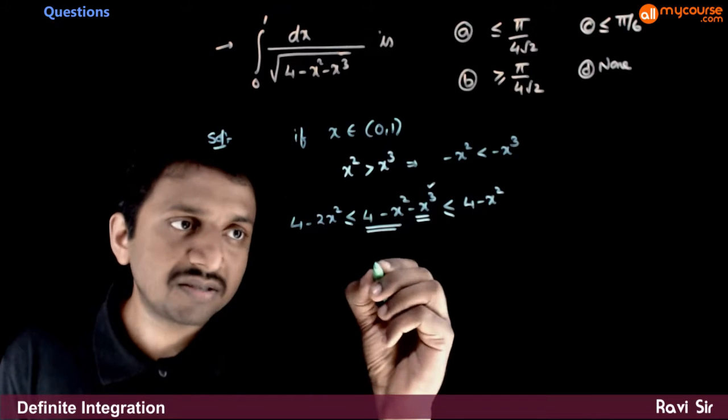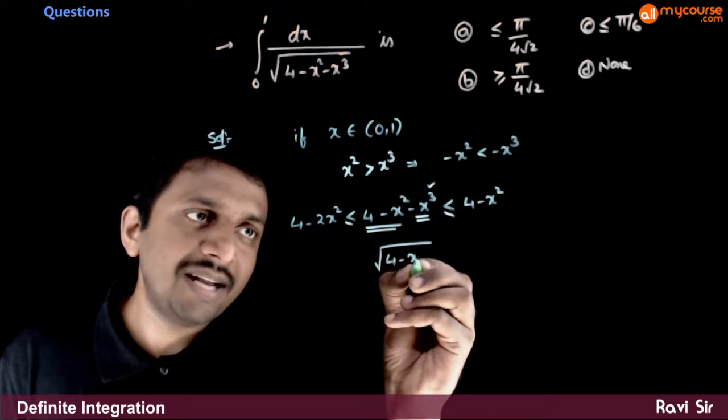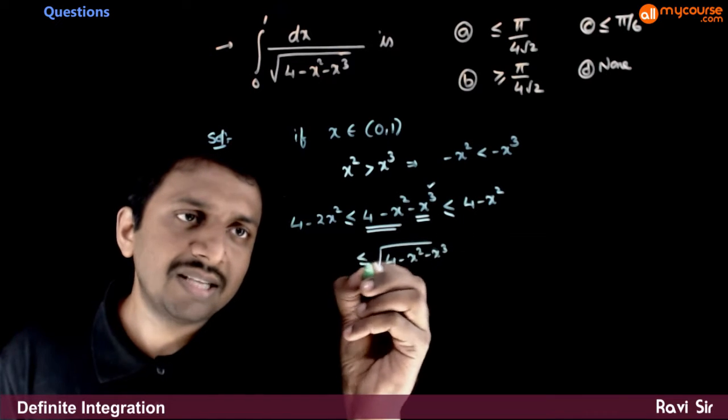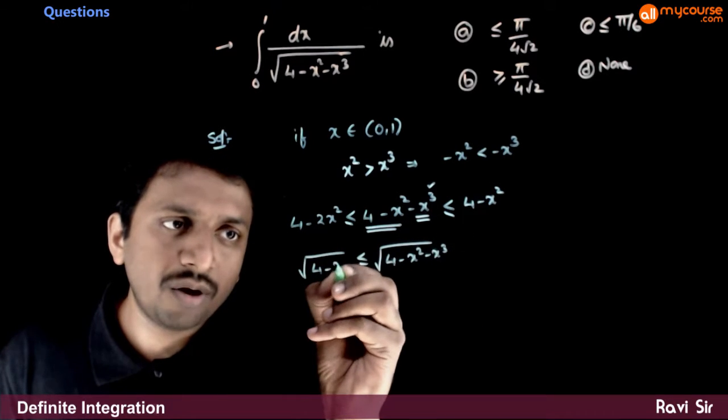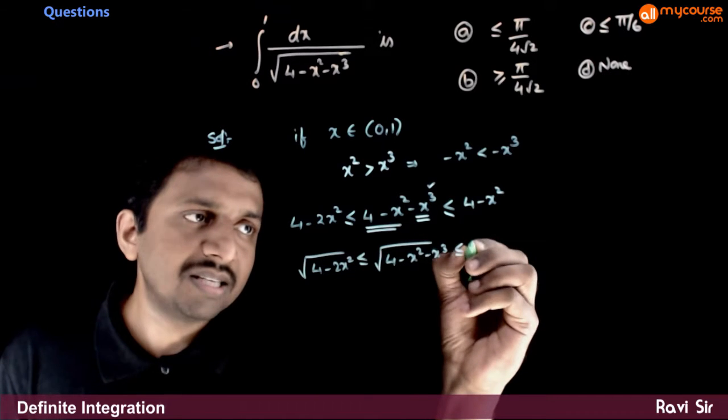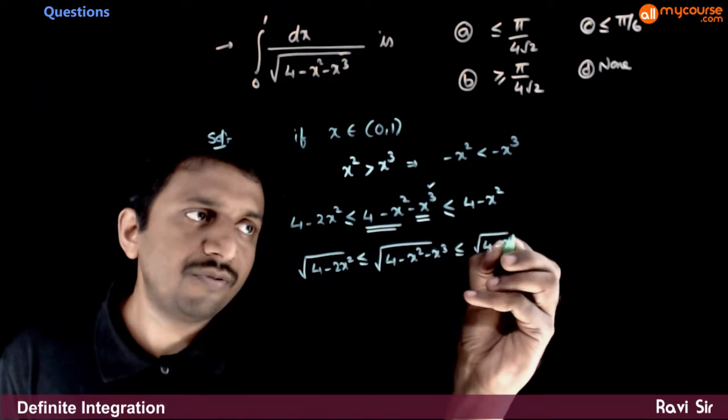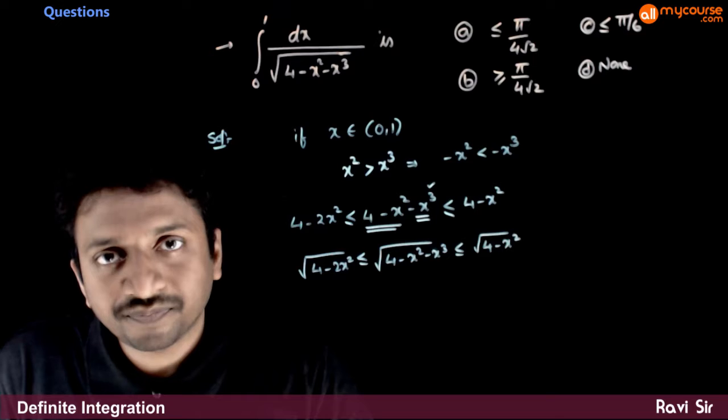So root of 4 minus x square minus x cube is greater than or equal to root of 4 minus 2x square, and less than or equal to root of 4 minus x square.